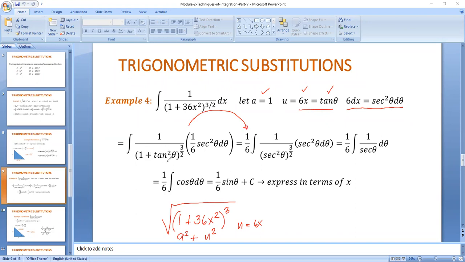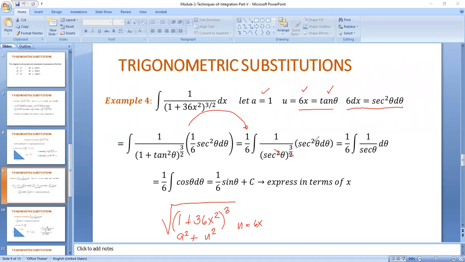This 1 plus tangent squared theta is actually, in terms of identity, secant squared of theta. It's raised to 3/2 here, so you raise it also to 3/2 here. Now, this will cancel the square here and the 1/2 in here, meaning the secant in the denominator will be raised to 3.